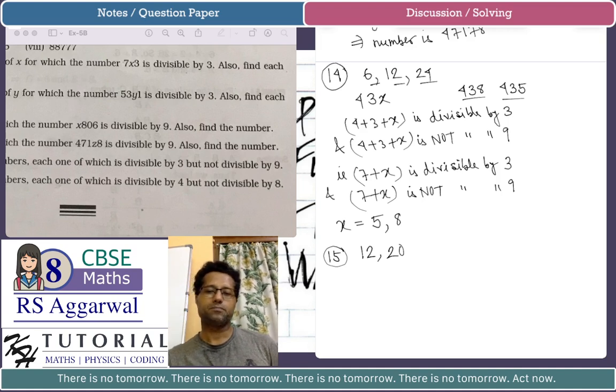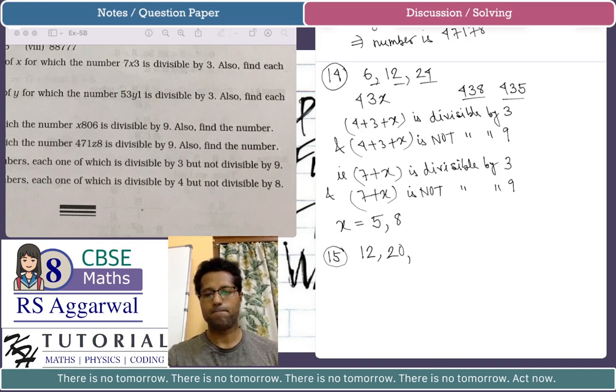Also, as you can see, starting from 12, if you keep on adding 8, we are seeing numbers which are divisible by 4 but not divisible by 8.